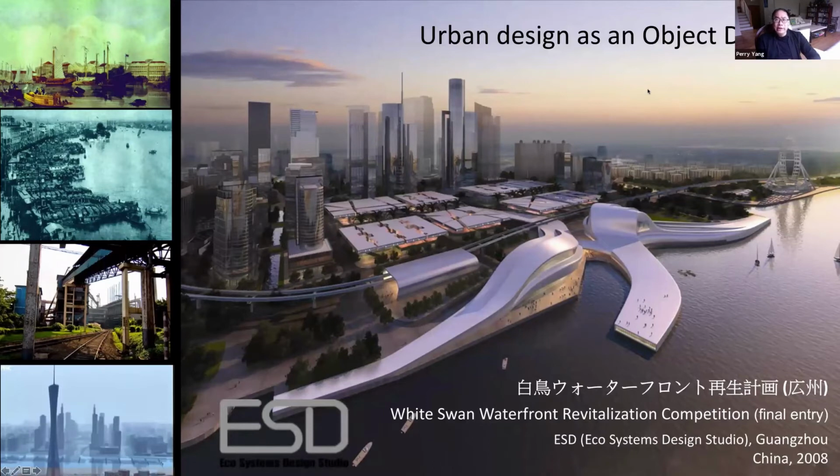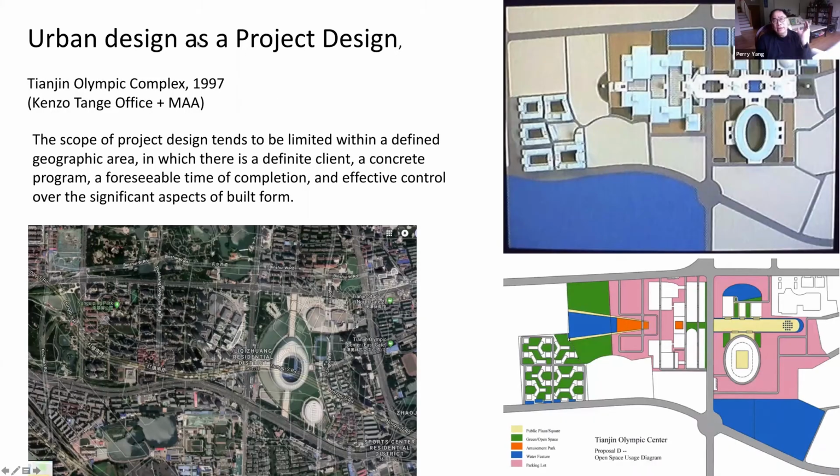So urban design could be more like a sculptural form, architectural expression in a very narrowly defined sense. And urban design is often defined as project design, in which you have a very clear boundary for your project, like say 100 hectares, right? And you have a client who pays for the project.